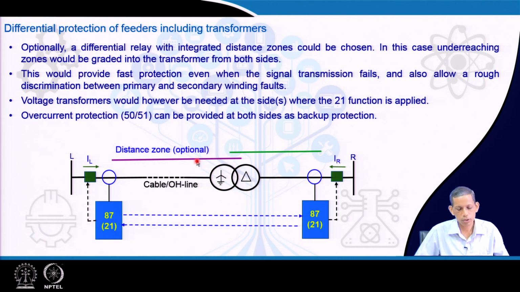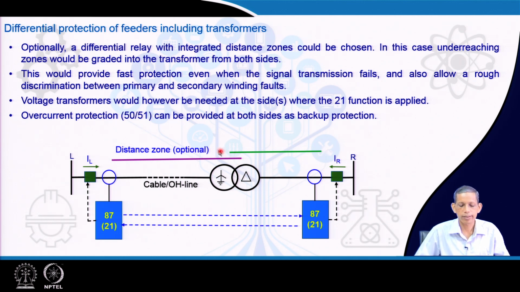In the earlier example we were talking about overreaching, now we are talking about underreaching. This would provide fast protection even when signal transmission fails, in case of communication failure, and that is the requirement. The impedance setting from this side goes to one winding of the transformer, and from the other side it ends up with one winding of the transformer.